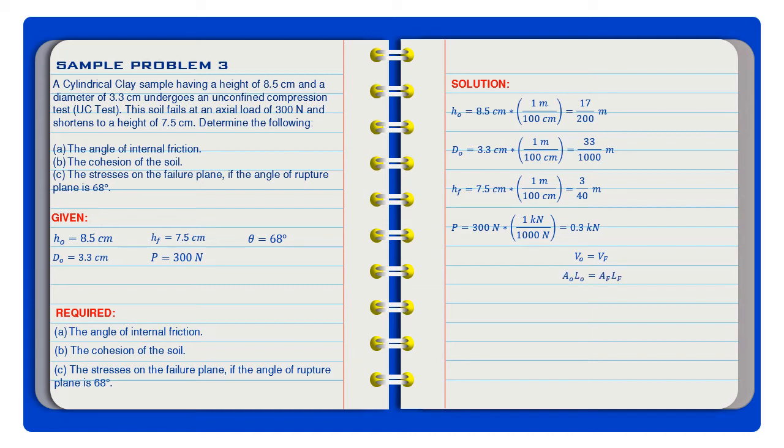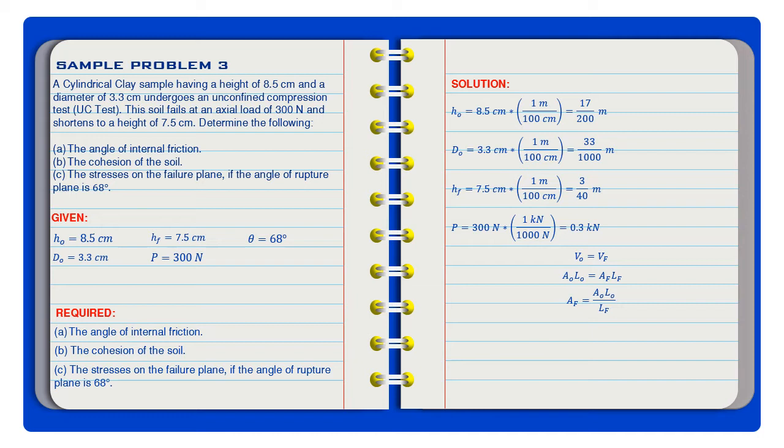So, of course, we have the equation of the original volume, which is area original times length original or height original, equal to area final times length final or height final. So, arranging the terms, what we need here is the final area of our soil sample.